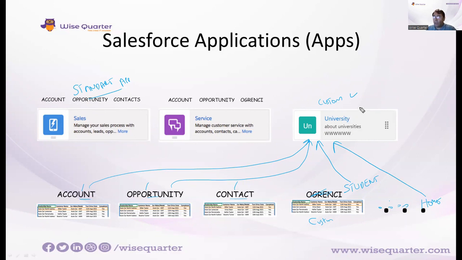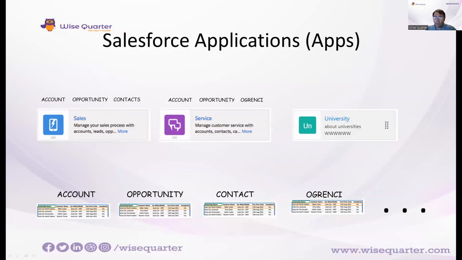I created my application with 4 different objects. This is the thing we have done. Okay, now I hope you get what application means. This is a quick recap, my friends. Don't get lost because it's really easy.